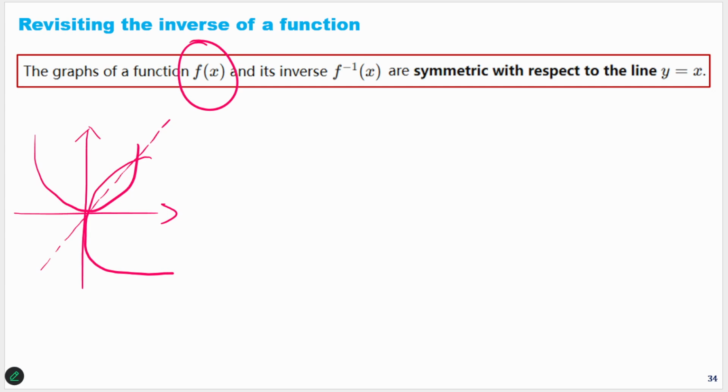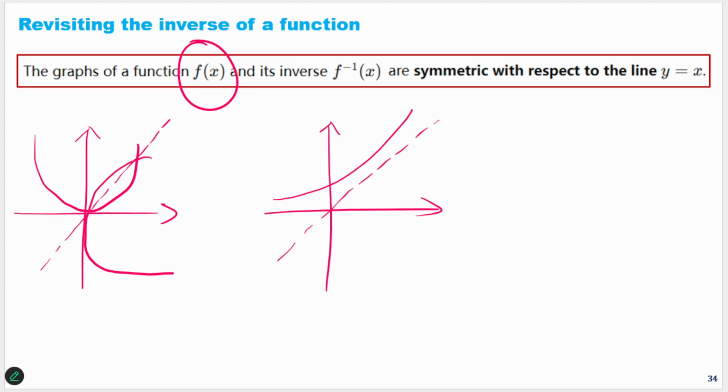Can you prove this? Or sometimes you may have a function, for example, an exponential function, and its inverse is a logarithmic function. Those graphs are also symmetric with respect to the line y equals x, no matter what the function is. I'm not sure how to prove this.